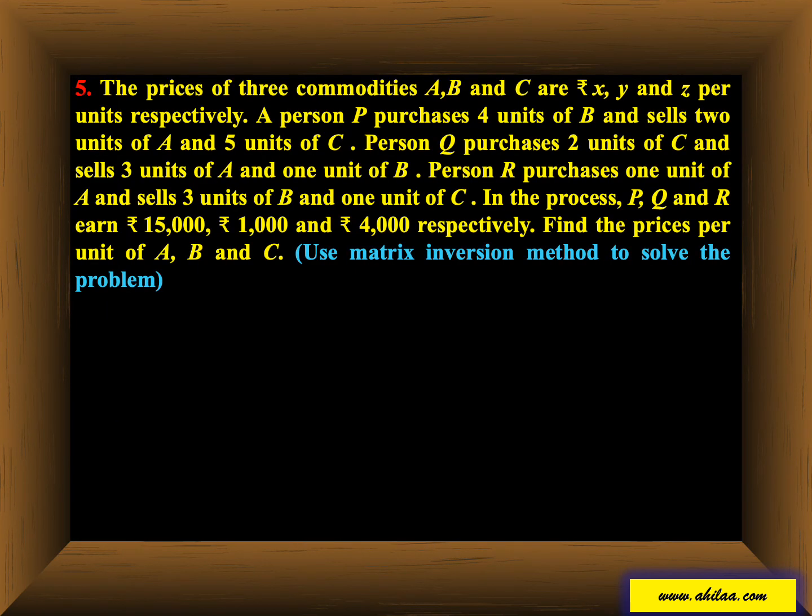Now the fifth question is, the prices of three commodities capital A, B and C are rupees x, y and z per unit respectively.